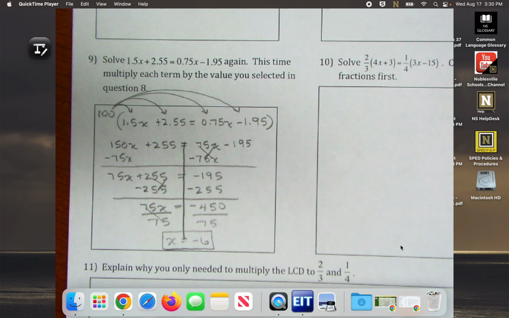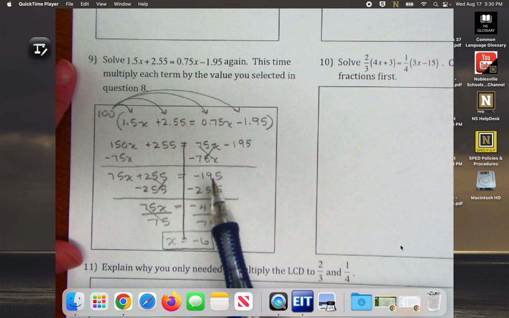You didn't do anything wrong mathematically. That's when we talked about choose your own adventure. Hopefully we both got the same answer in the end, so we'll figure it out.